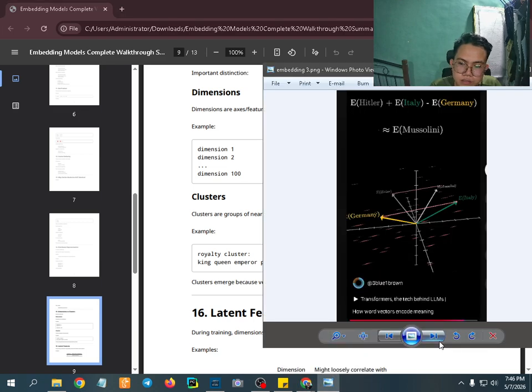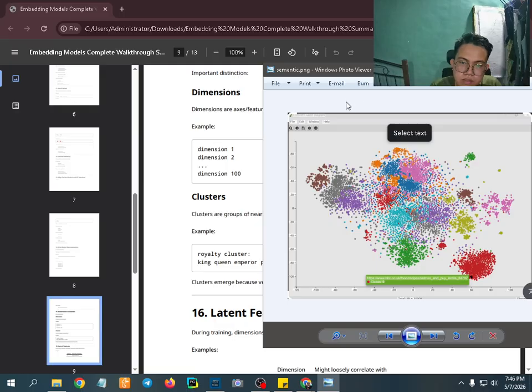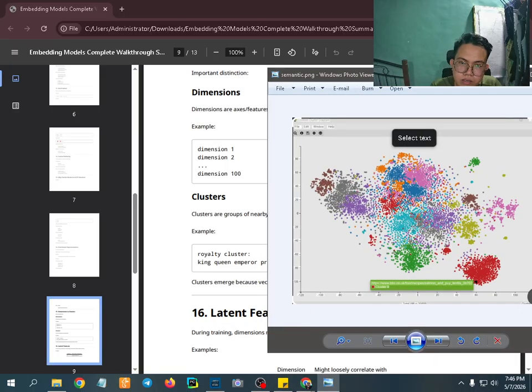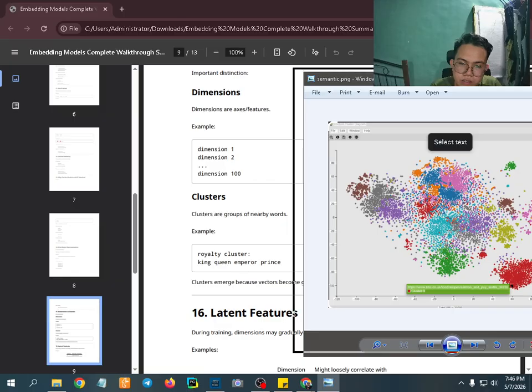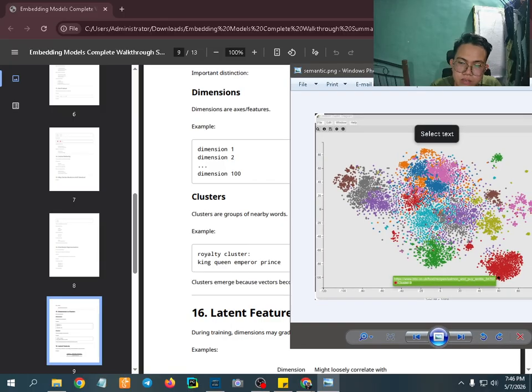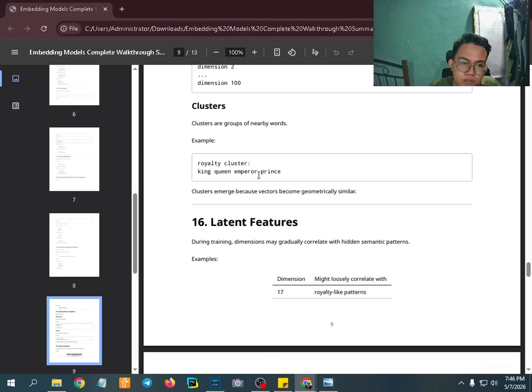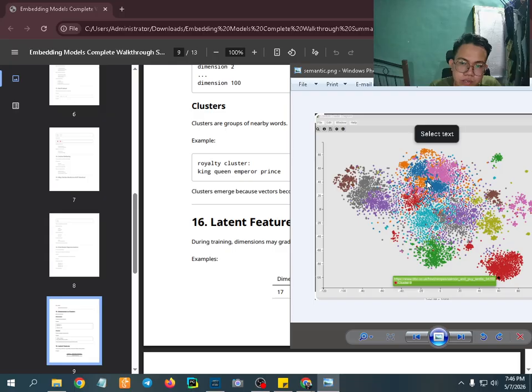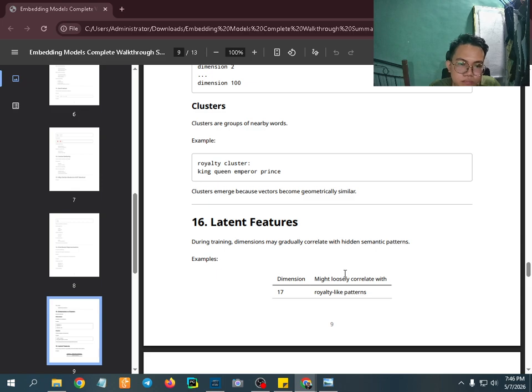If words often appear near each other and are semantically or contextually similar, they would appear in nearby or the same regions. Example, a royalty cluster: king, queen, emperor, and prince might be here or here. They are nearby to each other or in the same region.